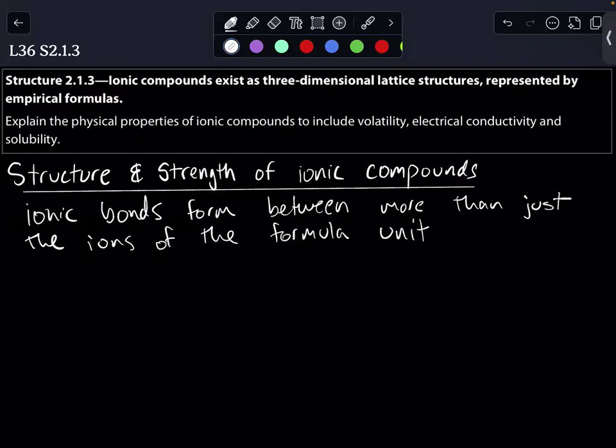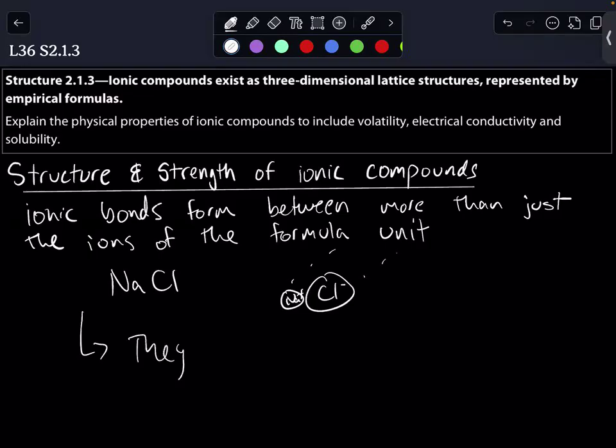So, what I mean by that is when we have Na and Cl, it is more than just one Na plus and one Cl minus, but they form this repeating structure. They create a lattice. So what is a lattice actually?